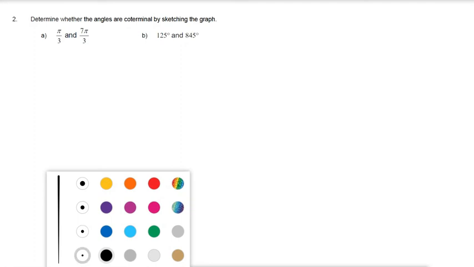Question number 2, we need to determine whether the angles are coterminal by sketching the graph. But you must know what a coterminal angle is: angles that share the same initial side and also the same terminal side. Before we start sketching the graph, we change these values to degrees.